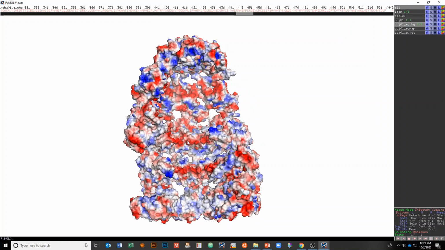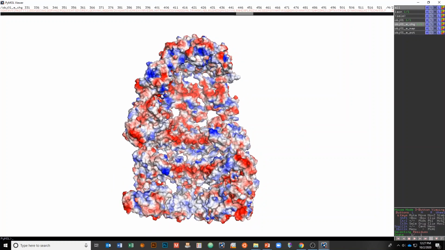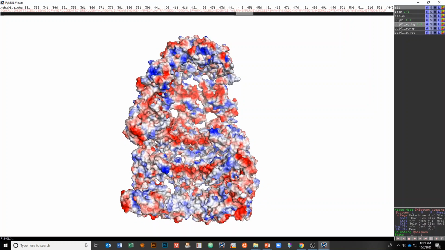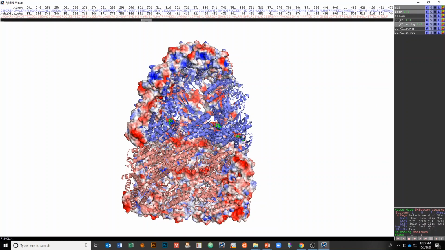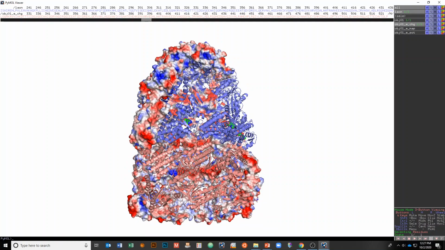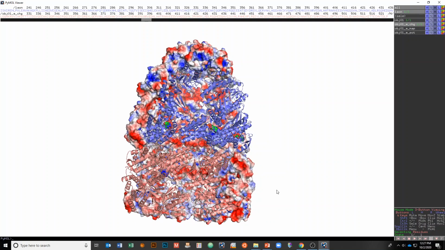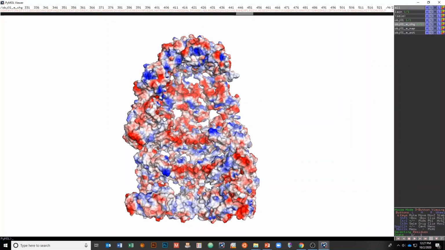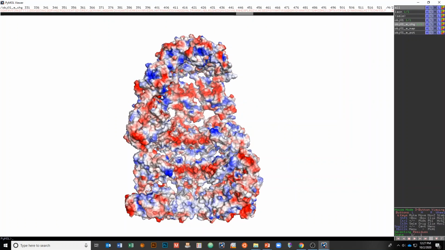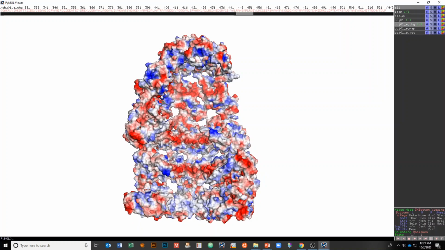Now, if you move down to the trans ring down here, so remember, let me just superimpose this for you. You can see here we have the trans ring, here we have the cis ring, and what I want you to see is that for that trans ring, there's a lot of white down here. There's, of course, some red and some blue, some charge, but white here.